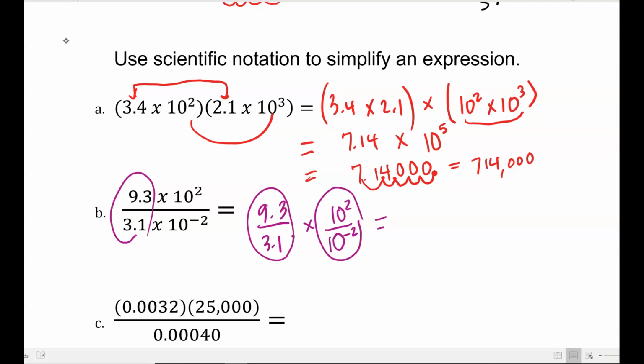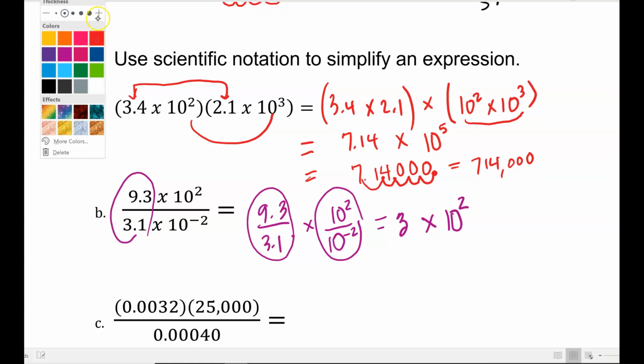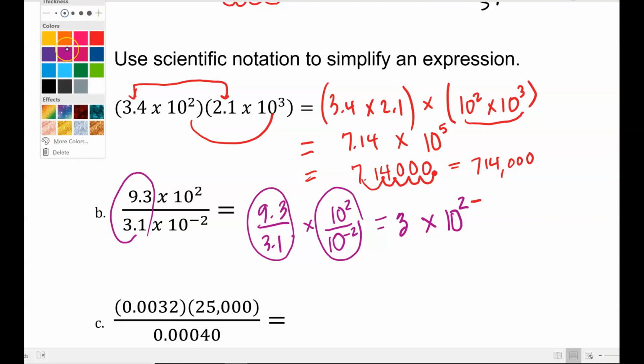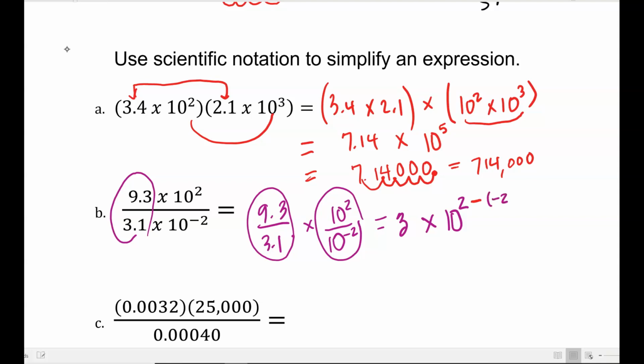So 9.3 divided by 3.1 is 3 in your calculator times, and this is dividing with the same base. So 10 to the second, and we emphasize that it's second minus a negative 2. So that's a mistake a lot of people make. They put 2 minus 2, but where's your subtraction symbol? All right, we identified that that's a negative 2, but you also have to put in that minus symbol, okay?